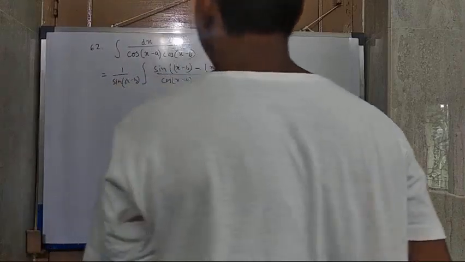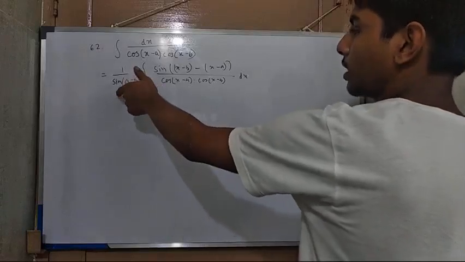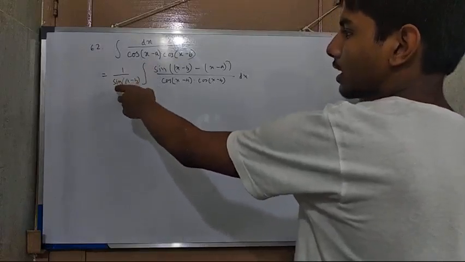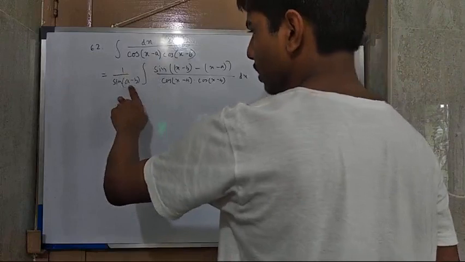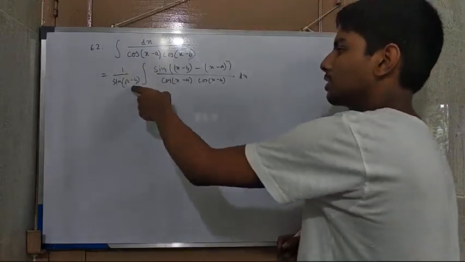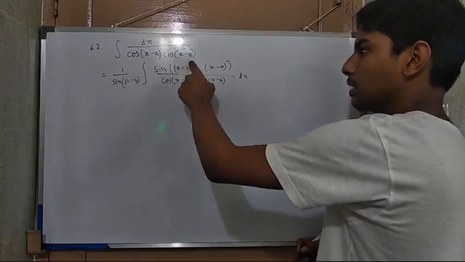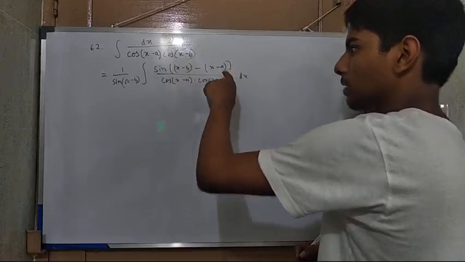Okay, so I have multiplied the numerator and denominator by sine of (a minus b), which is a constant quantity, and sine of (a minus b) can be written as sine of ((x minus b) minus (x minus a)).